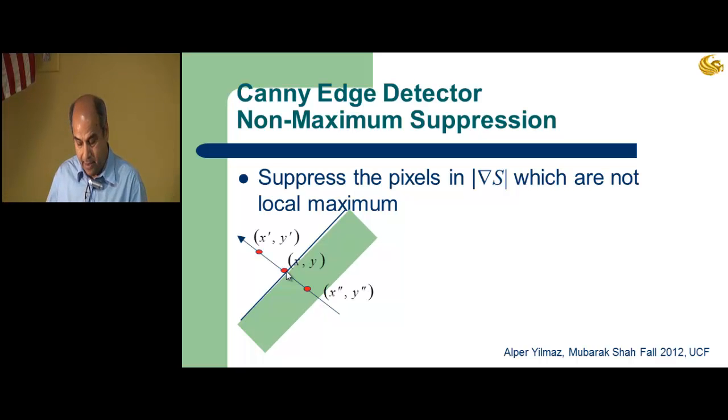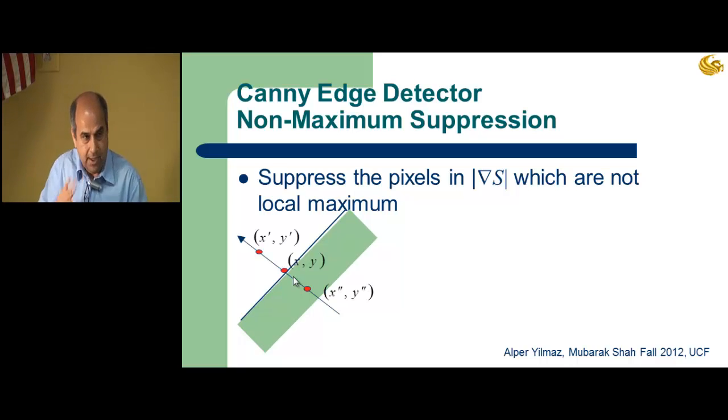So we look in the direction of the gradient, as shown here. We look at the pixel x prime, y prime in this direction, and x double prime, y double prime in the other direction. If this is a real edge, then it has to be more than x prime, y prime and more than x double prime, y double prime, because that's the idea.